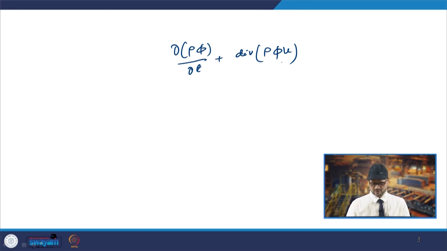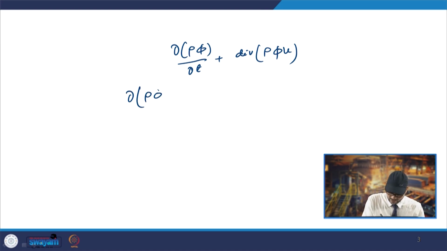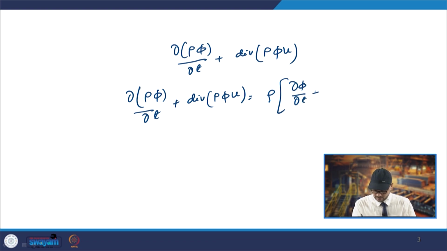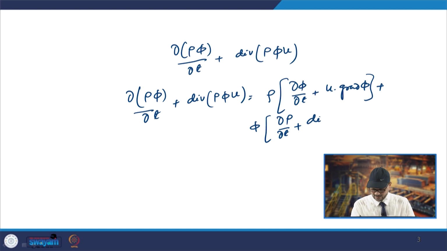Now, if you look at the expression ∂(ρφ)/∂t plus div of ρφu, it will be ρ of ∂φ/∂t plus u grad phi, plus phi times ∂ρ/∂t plus div of ρu. So, that becomes equal to ρ Dφ/Dt.